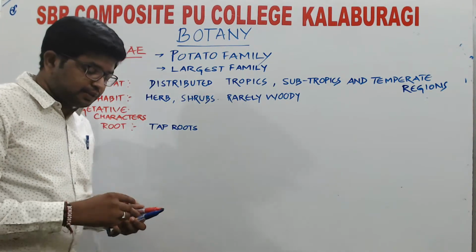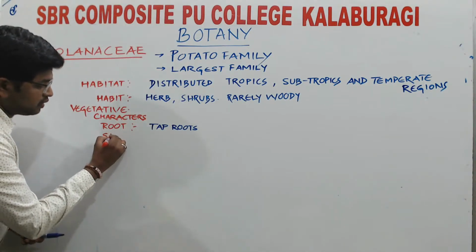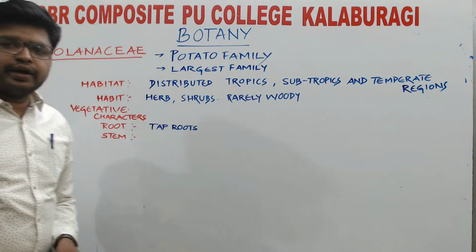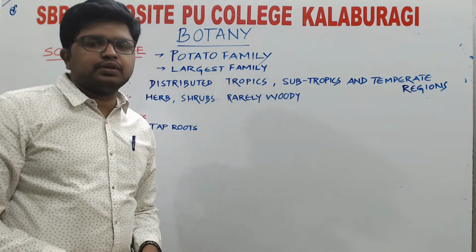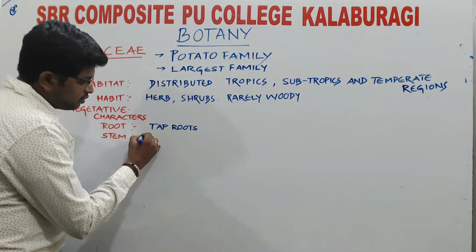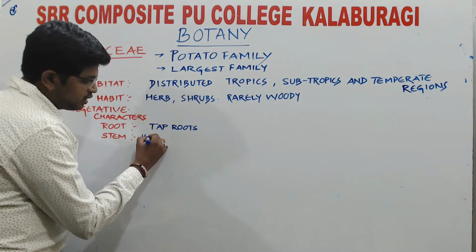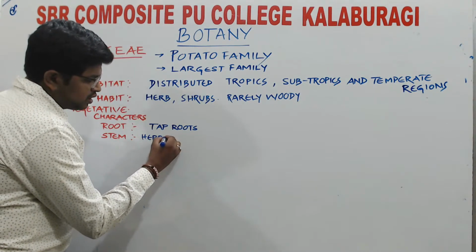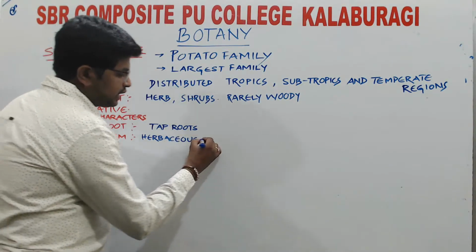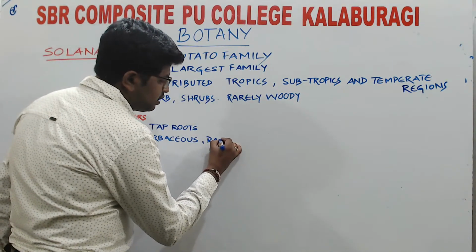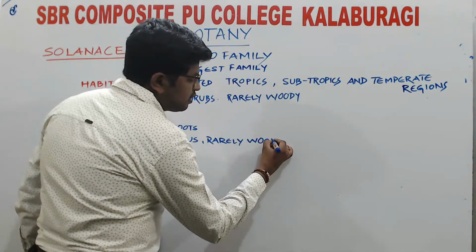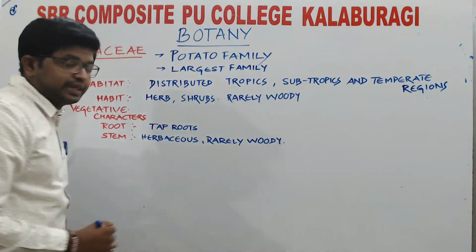Next, the important thing, stem. What kind of stem will you observe in the members of the Solanaceae? Generally, the stem is herbaceous, rarely woody.